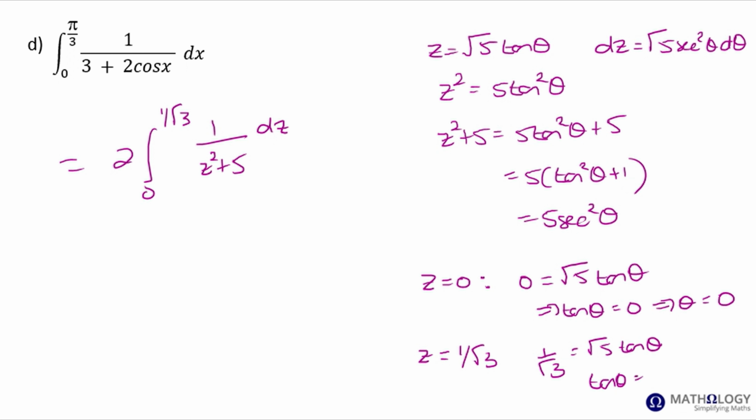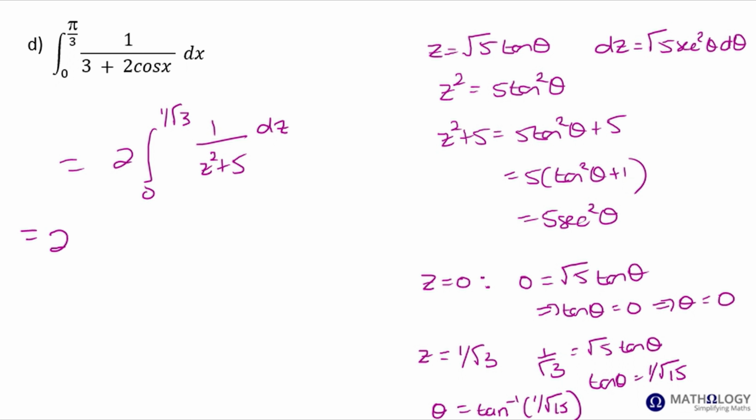So tan theta equals 1 over root 15, which means that theta equals tan to the minus 1 of 1 over root 15. And that's how we're going to leave it. This is not the kind of answer you want to evaluate, so you just leave it in that form.